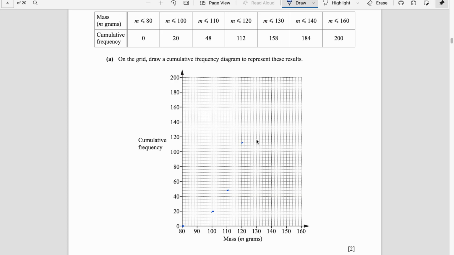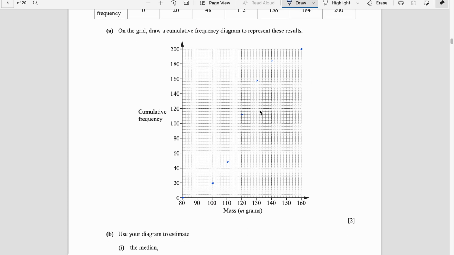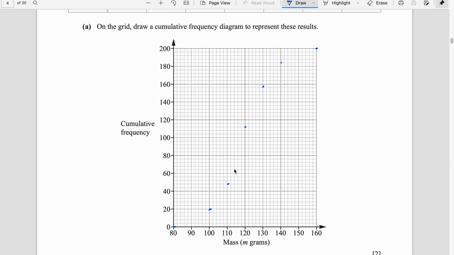At 130 this is 158. At 140 we have 184. At 160 it is 200. So now draw a smooth curve. Trying my best. Do that with a pencil only.